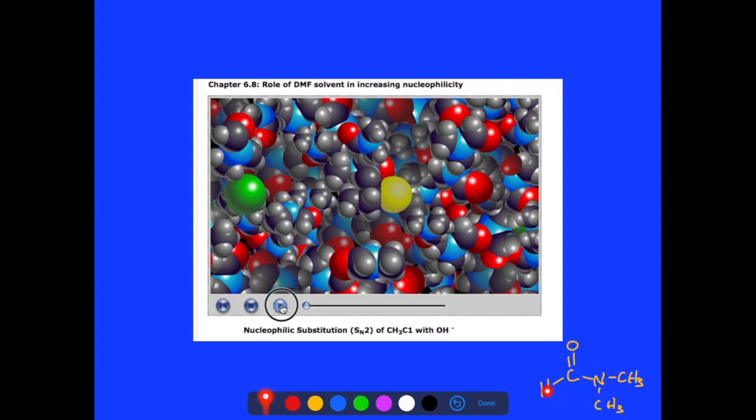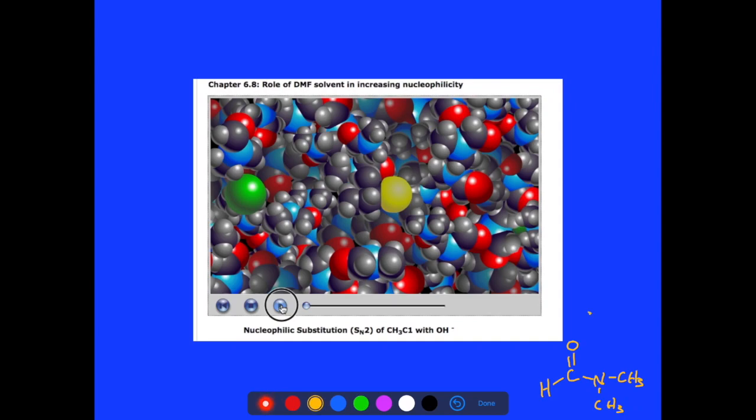If you had another H here, this would be formaldehyde. In this case, it's a formyl group, and this is an amide because it's got a carbon double bonded to oxygen and nitrogen. Then we have these methyl groups. Notice again, we have hydrogens, but this is polar.